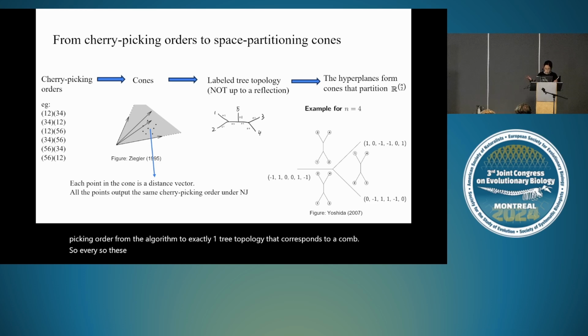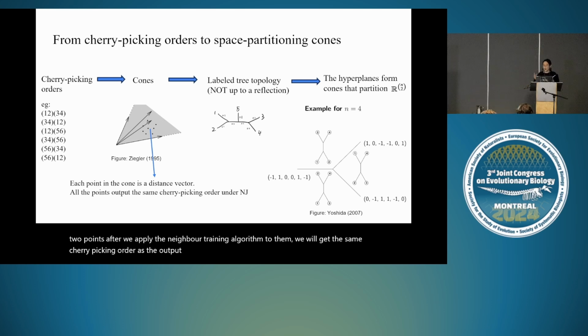Where are these cones? These cones lie in the space of distance vectors. Two distinct distance vectors in the input distance vector space can correspond to the same cherry-picking order, which means that if 2 points lie in the same cone inside the input distance vector space, after we apply the neighbor joining algorithm to them, we will get the same cherry-picking order as the output.